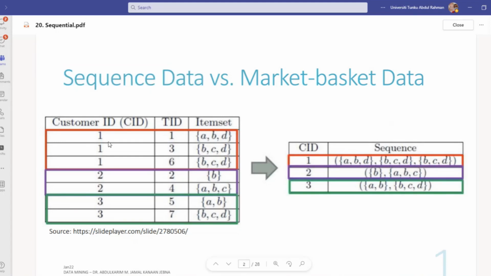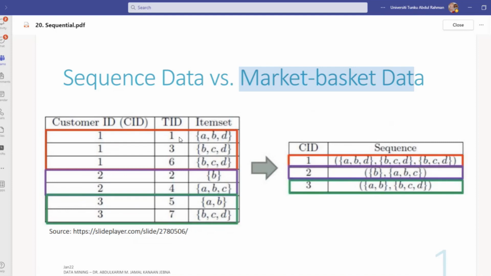Let's say in this example we have also recorded the customer ID. Earlier in market basket analysis, we didn't care about the customer ID, only about the transactions. Here we can see that customer ID 1 has made 3 transactions in the store.